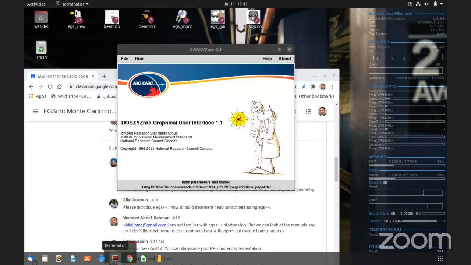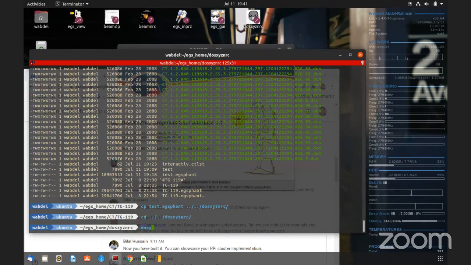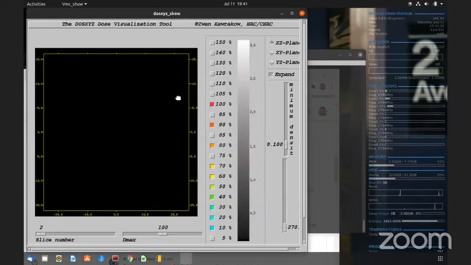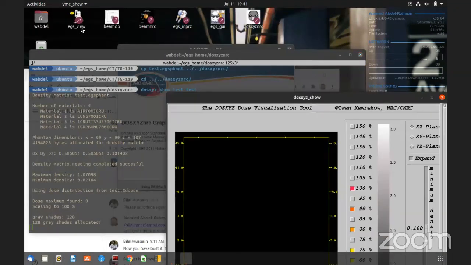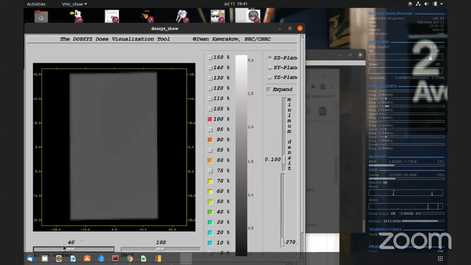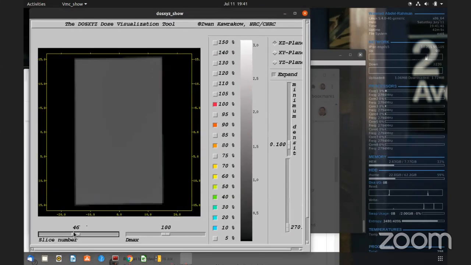So let's go to our XYZ show, and we have test. Probably there is nothing yet. I don't know if it's because of my direction, but this is the phantom, just to show you. It's based on CT data.